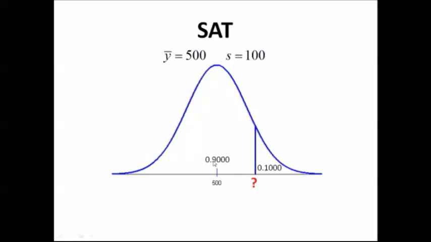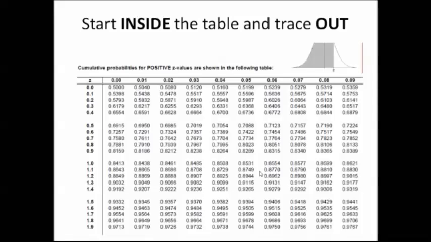Now it's no problem, 90% coincides with 10%, but in order to get the right answer, we have to give it the one to the left of our vertical bar that's going to split the curve into these two precise pieces. So we're going to look up 0.9000 in the inside of the normal table.